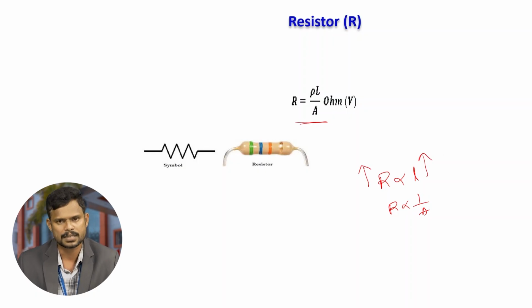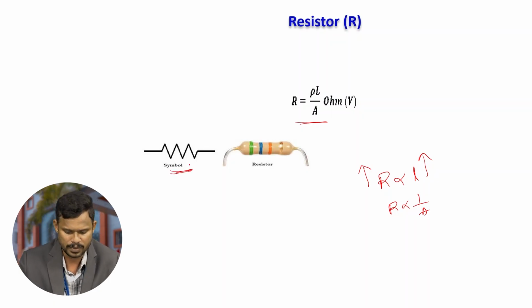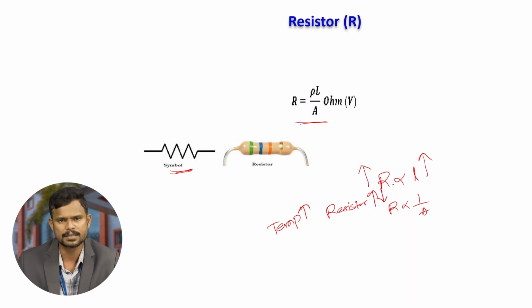This is the symbol for the resistor. The resistance value also depends on the temperature. If the temperature increases, the resistance value also changes. It may increase or decrease based on the material.